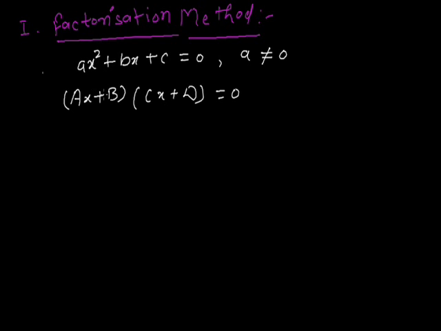This means that we can factorize it in the form of ax plus b and cx plus d, where a necessary and sufficient condition is that a not equal to 0 and c not equal to 0.